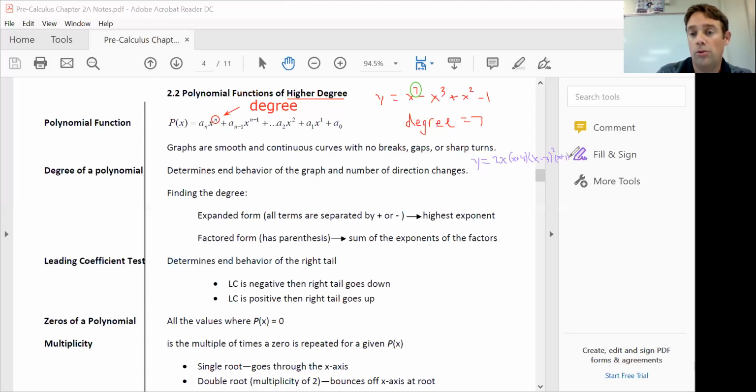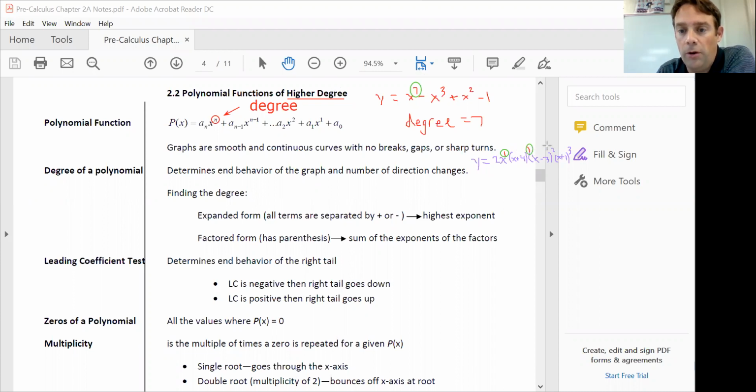1 cubed. All right. Now, if it's in its factored form, the way we figure out the degree is to add up all the degrees or all the exponents of each factor. So if you notice, I have 4 factors with exponents. Let me see if you can see them here. We've got a 1. If there is no exponent, we assume it's 1.